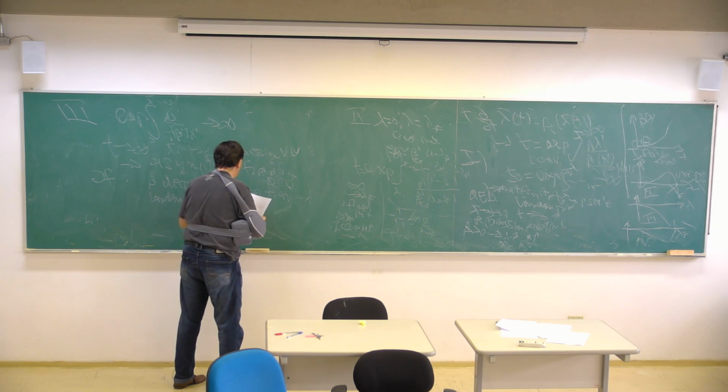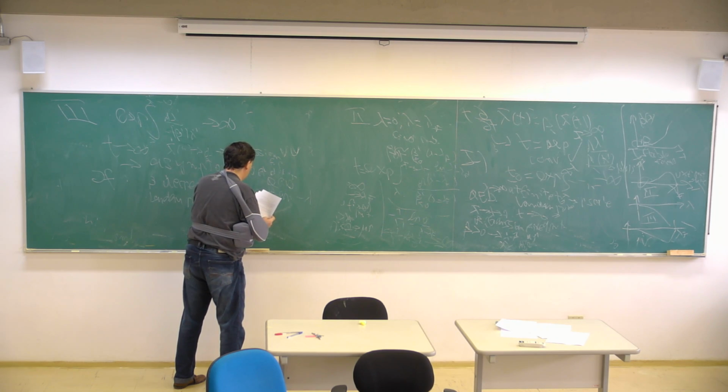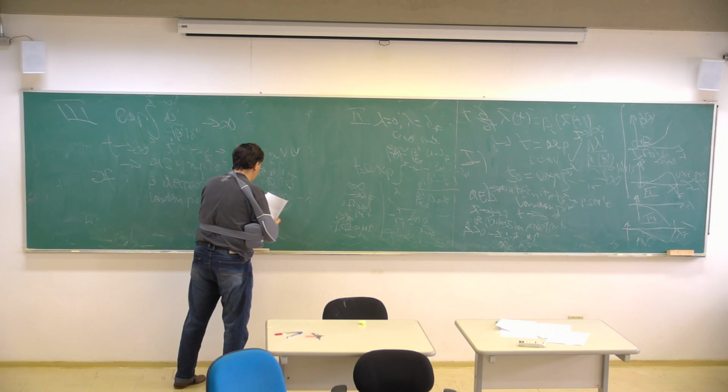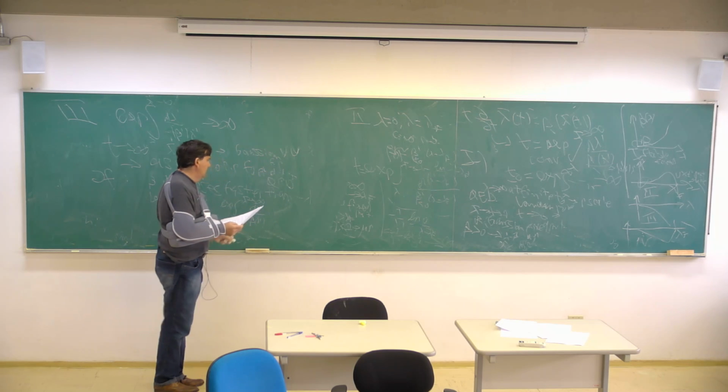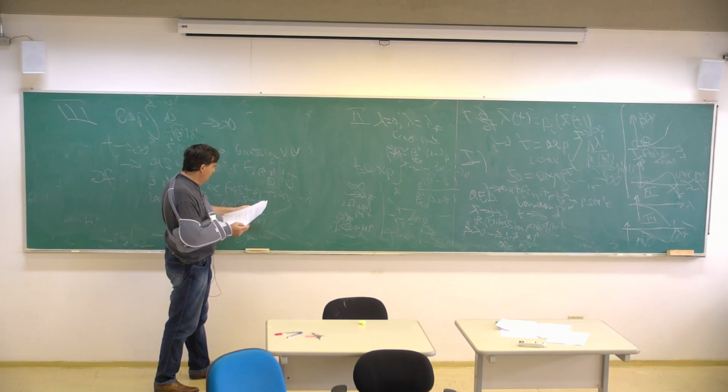Because the exponent of the integral, for lambda going to infinity, d lambda prime over beta of lambda prime, increases faster than lambda prime.